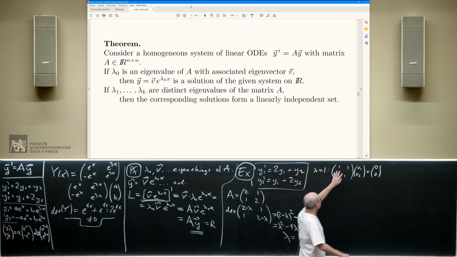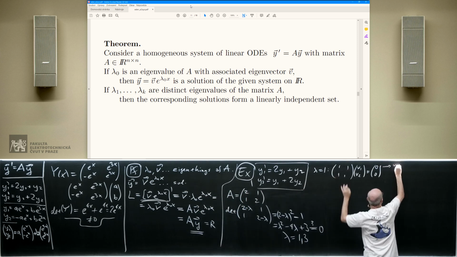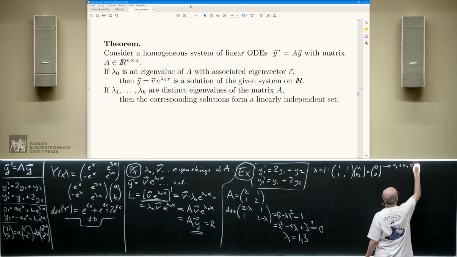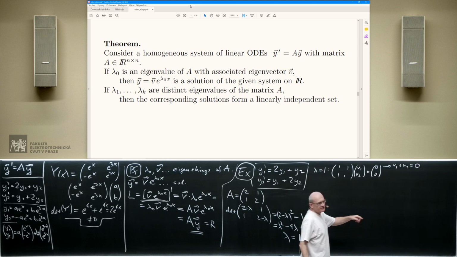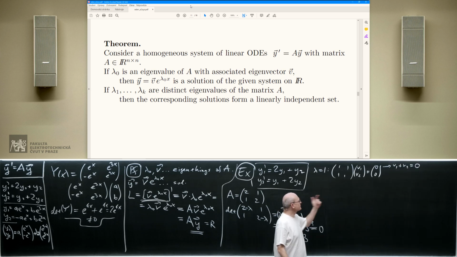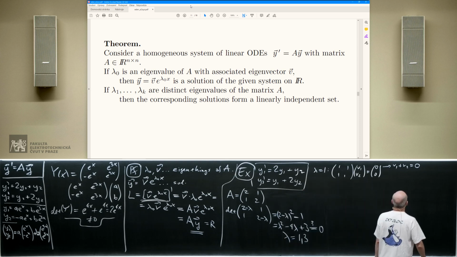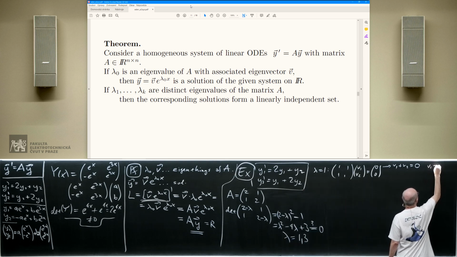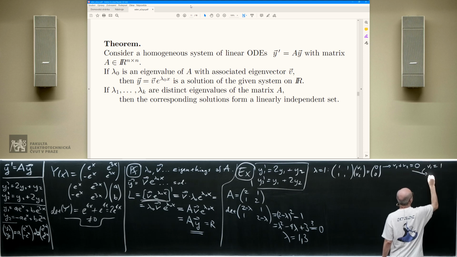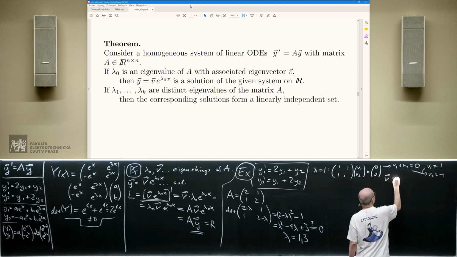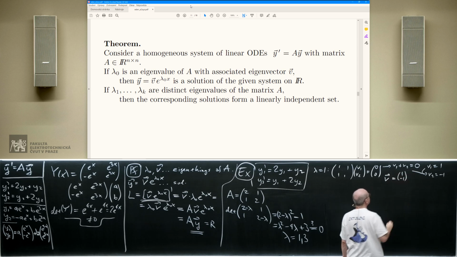And it is singular. So I just look at the first equation. V1 plus V2 is 0. And I find some non-trivial solution. So I cannot put 0 for V1 or V2. So let's say that I put 1 for V1. And then, from the equation, V2 must be negative 1. So the eigenvector is 1, negative 1.